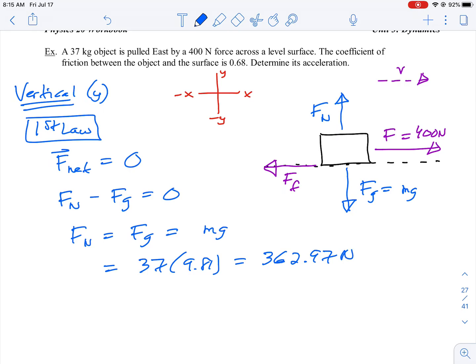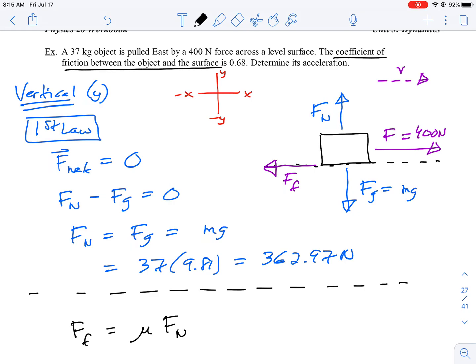Now, why do we need that? Well, it turns out this is going to help us find the friction force. So I'll do this as a kind of separate calculation. Let's now find FF. FF on your formula sheet is equal to mu Fn. And we're told what the coefficient of friction is. The coefficient of friction is 0.68. And notice there's no units.